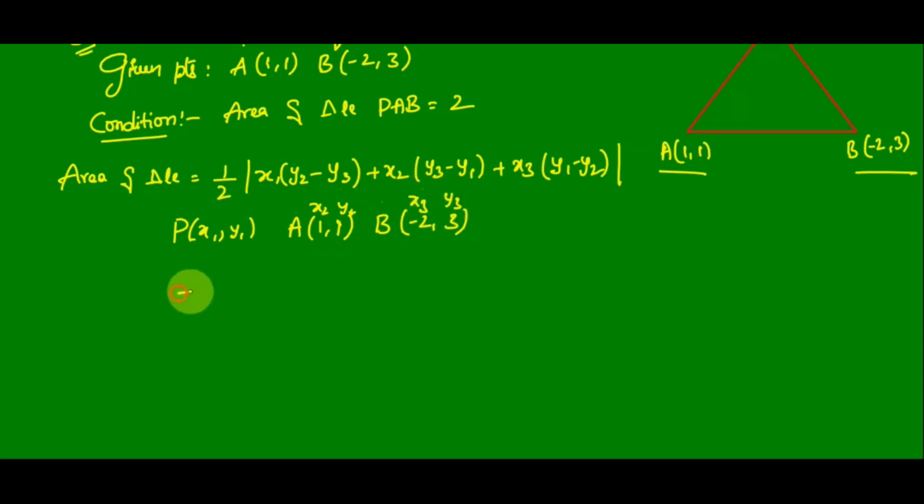We'll substitute this in the formula: half mod of x1 into (y2 - y3).